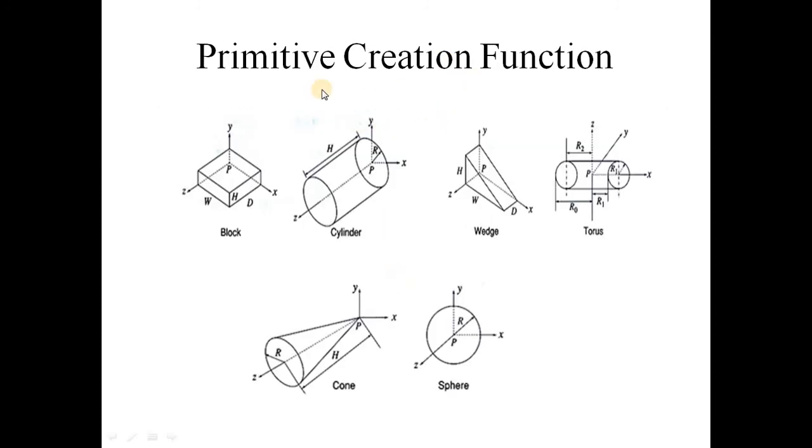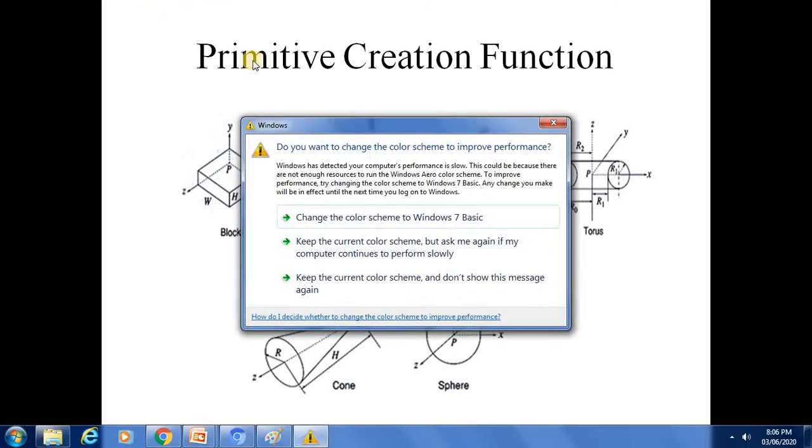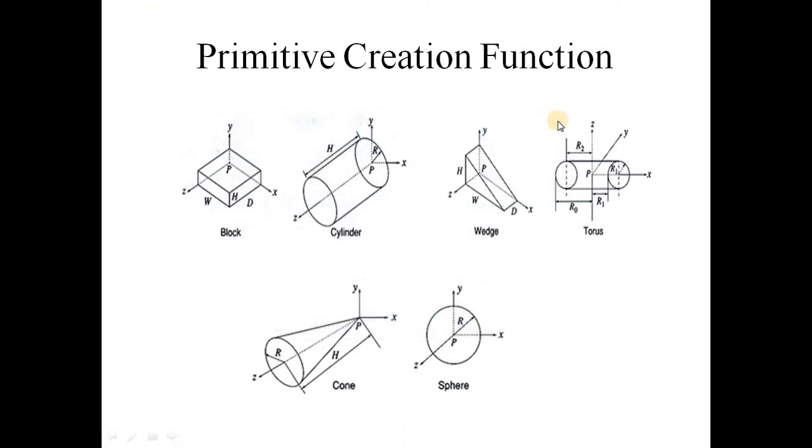Primitive creation function. In this scheme some basic 3D models are available in the directory of the software. Some basic shapes such as a cuboid, cylinder, wedge, torus, spheres and cones are available in the directory, and you just have to pick the shape that you want to make from the library and give the dimensions.